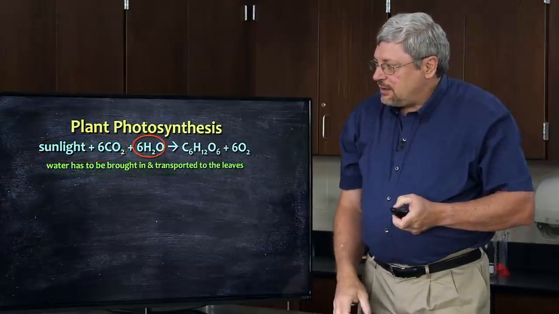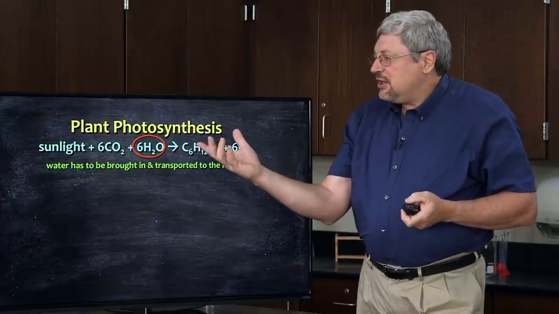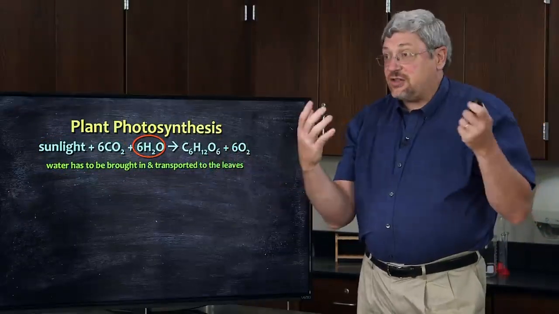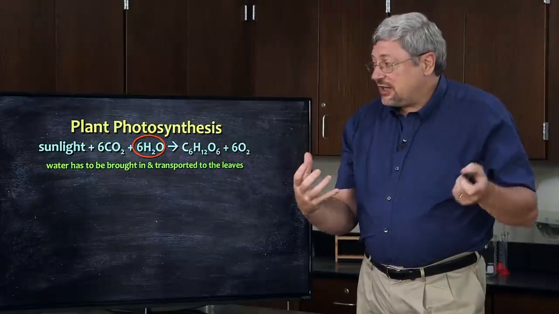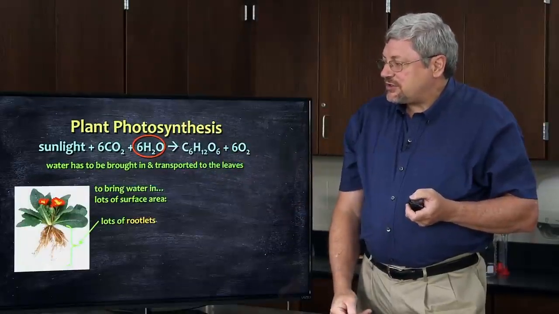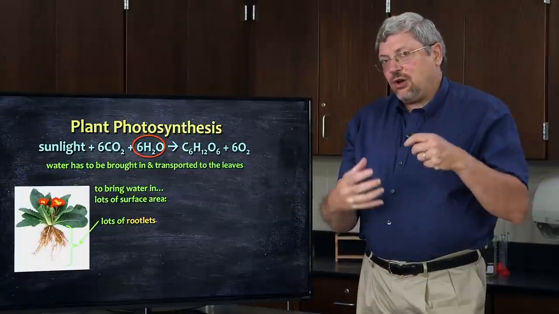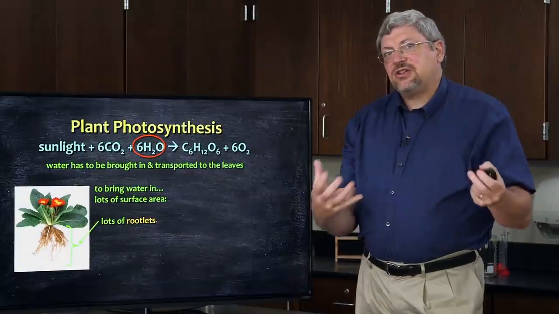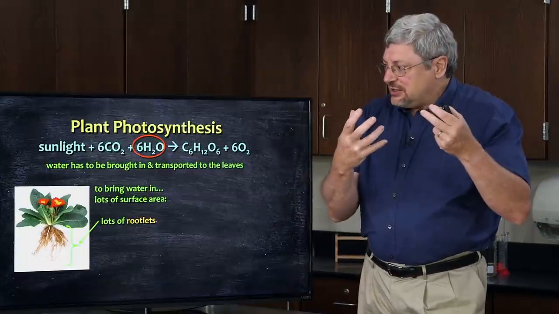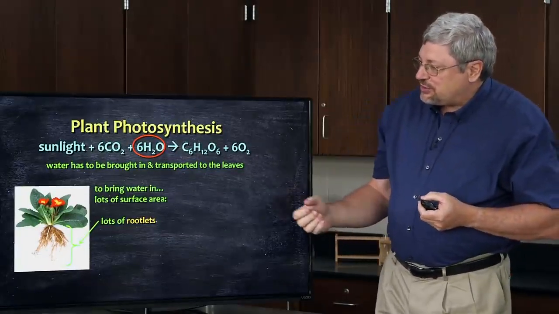With that understanding, a challenge is going to be, and this is the challenge for the design of plants, to get that water up to the leaves where photosynthesis occurs. So we'll start with that challenge. How is the plant designed in such a way as to maximize that motion of water up from the roots?